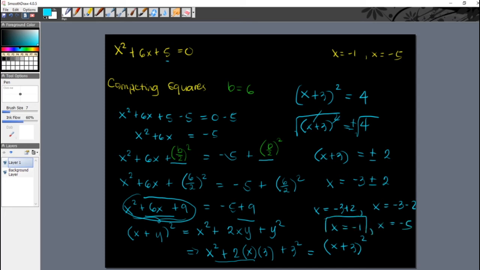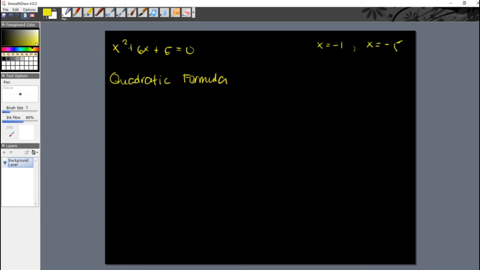So technically, our x values are just the same as with the factoring method. We're done with the second method, which is completing the square. The first method was the factoring method. This time we're going to be doing the quadratic formula in solving for the solutions of this quadratic equation.